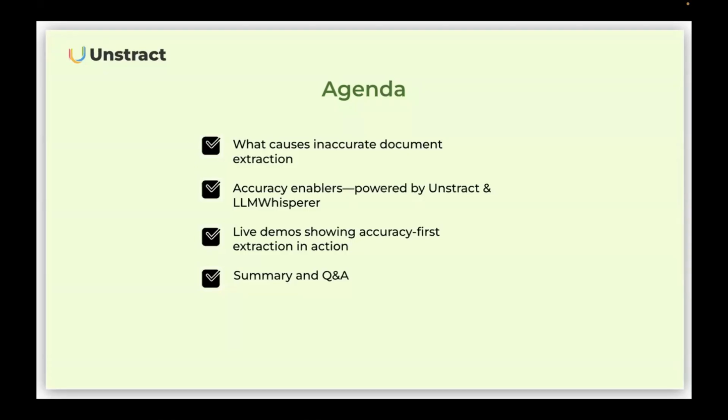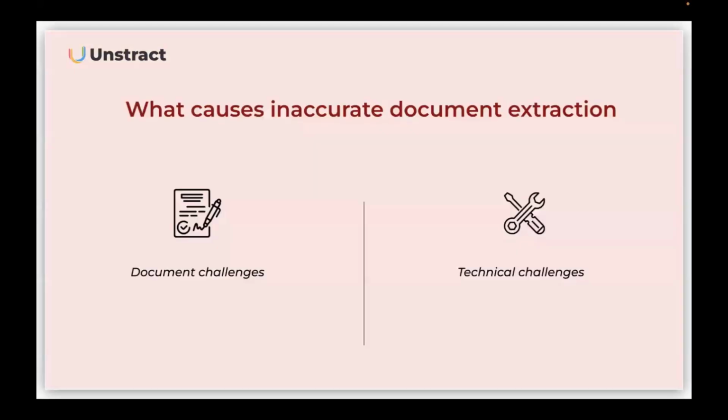Post this, we'll also have live demonstrations of these capabilities so that you can see accuracy-first extraction in real time. And finally, we'll conclude this session with a summary and also a Q&A in case we have any questions pending. So that said, here is the opening discussion: what causes inaccurate document extraction?